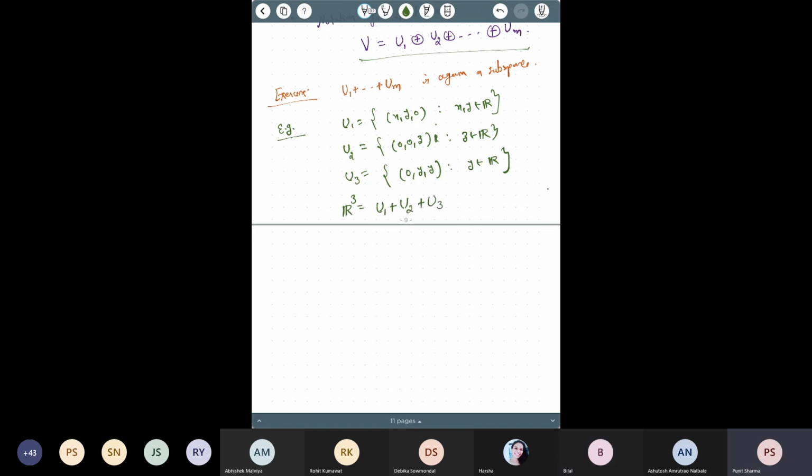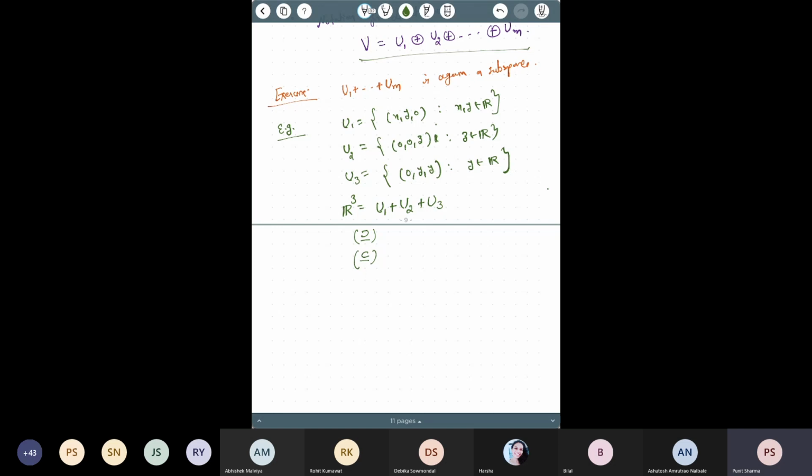Now you see here, if you want to prove that R3 is equal to this, what do you have to show? You have to show both side inclusions, right? Then only you can see. The one side inclusion is very straightforward: U1, U2, U3 are subspaces of R3, and because of this exercise, their sum is also a subspace.